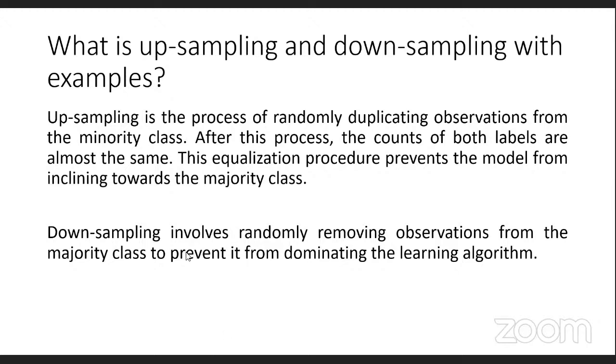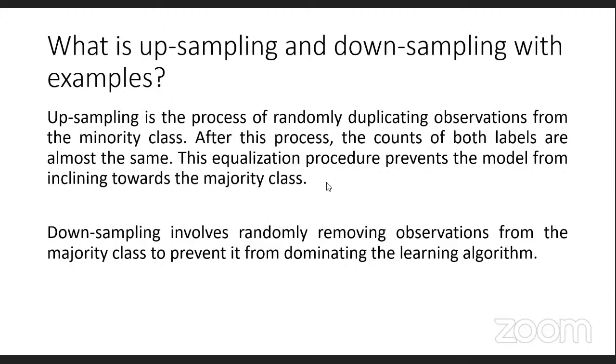In downsampling, you remove observations, because you have a huge data set. From the 90-10 I told you about, from the 90 majority class we will remove observations so that the two become balanced.